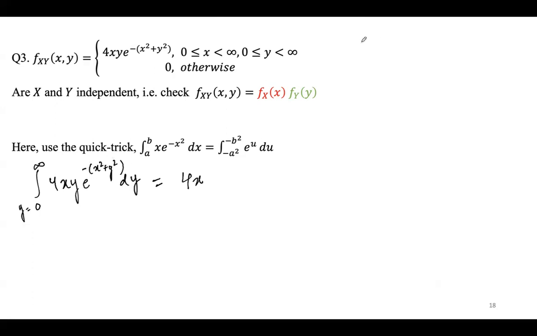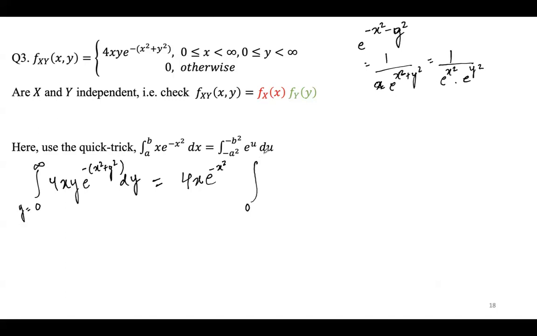Now, for this, you remember, it's like this, and what does this indicate? This is like 1 upon e to the power x square plus y square. This is similar to 1 upon e to the power x square into e to the power y square. So you can split these two things. So e to the power minus x square comes outside.